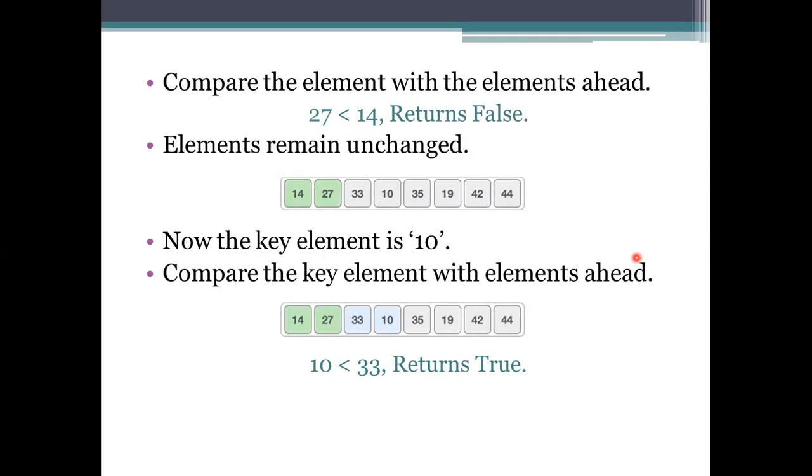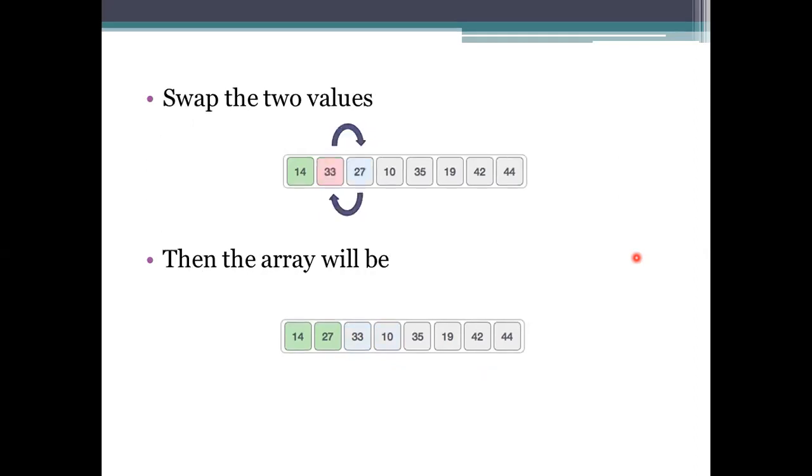Why? Because in the first initiation step, the second element is compared with the prior element, 14, which is the starting element now. This is greater than that element, so it is considered no swapping; there is no need to swap the values here.